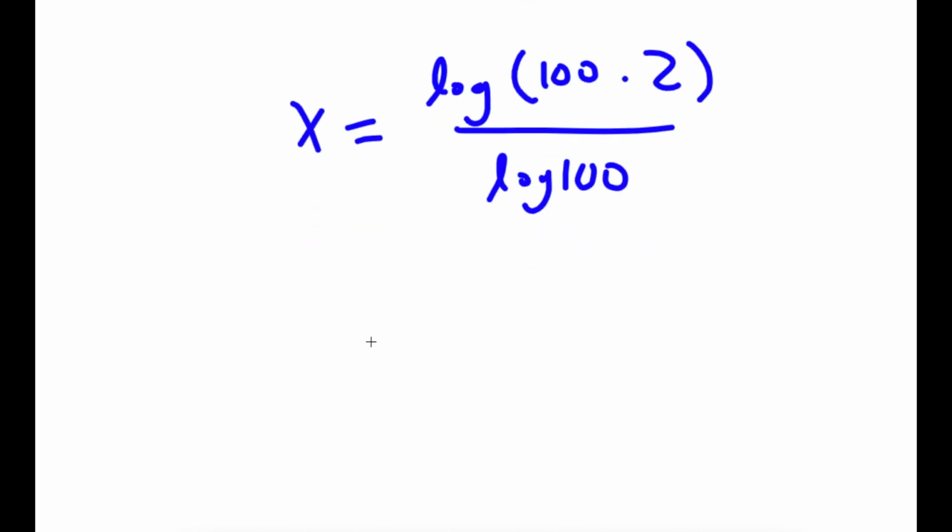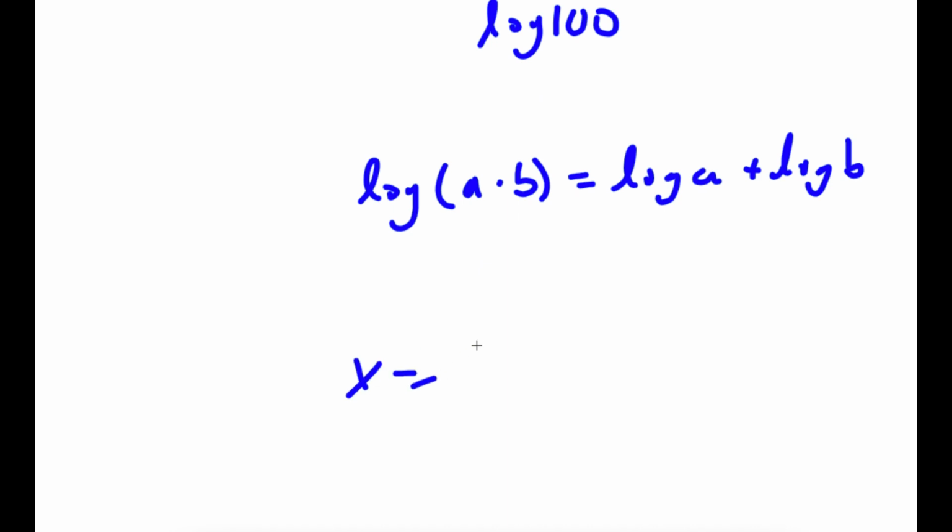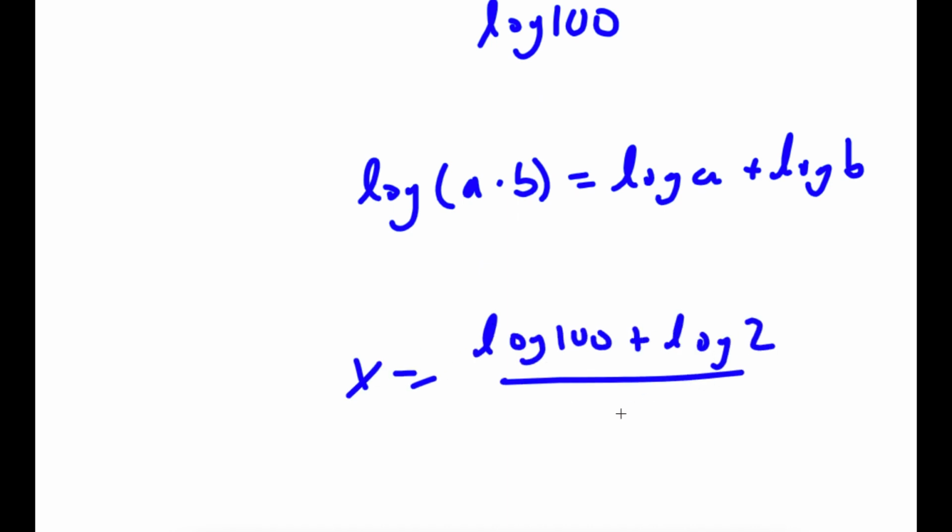So now if I have something in the form log of a times b, this is equal to log a plus log b. So log 100 times 2, that's going to equal log 100 plus log 2. And now I have this over log 100.